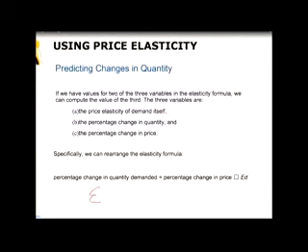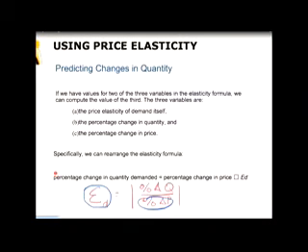So remember that the elasticity of demand is equal to the percentage change in quantity divided by the percentage change in price. Suppose we know what the elasticity is and we know what the percentage change in the price is, we can calculate what the percentage change in quantity demanded is.